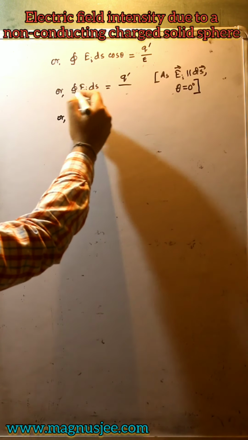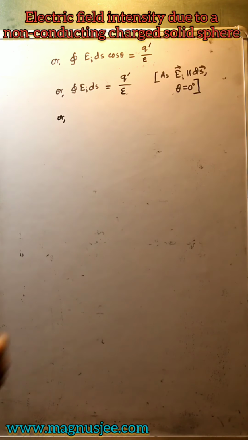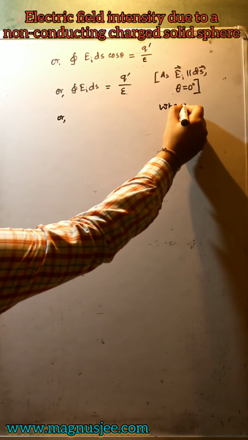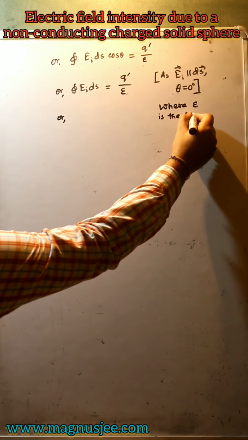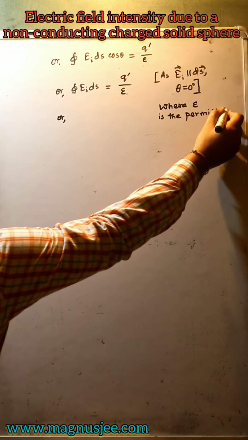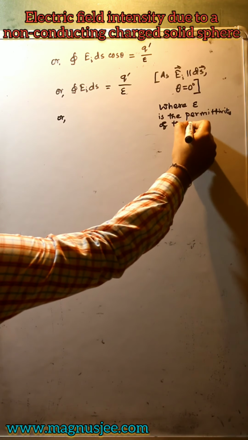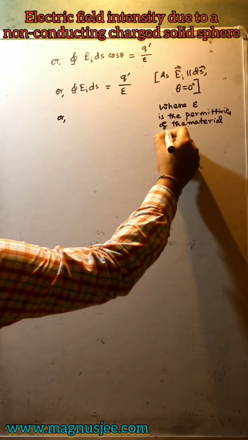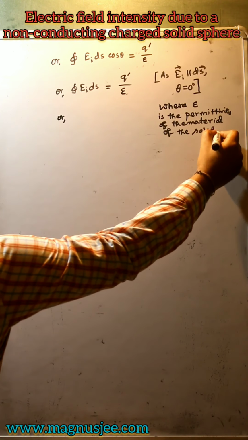So cos 0 degree is 1, so the closed integral of E ds equals q prime by epsilon, where epsilon is the permittivity of the material of the solid sphere.